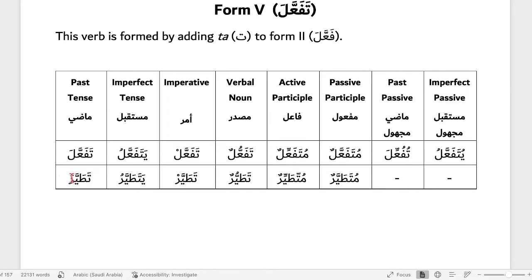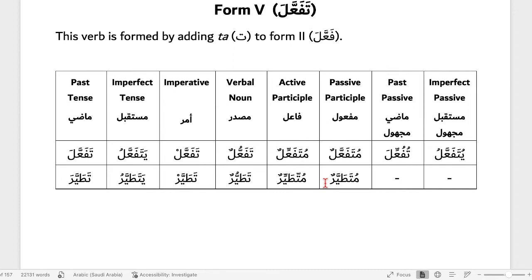So this is the verb that has come in Surah Yasin. Tatayyara, yatatayyaru, tatayyar, tatayyarun. So the noun, you see that when it is ism, when there is no such thing, then that is the verb. Tatayyarun, mutatayyirun, mutatayyarun.